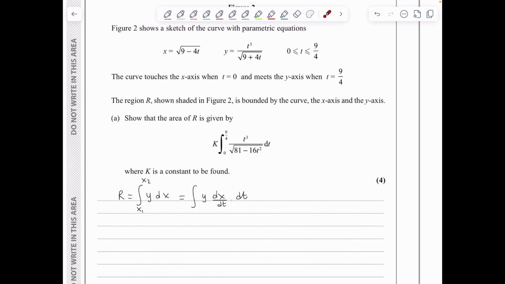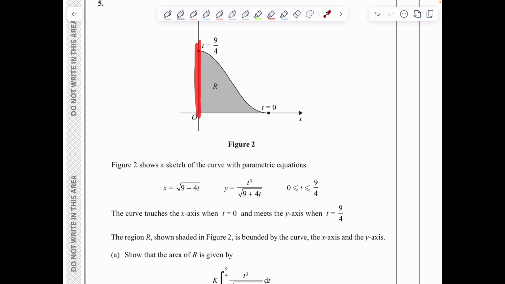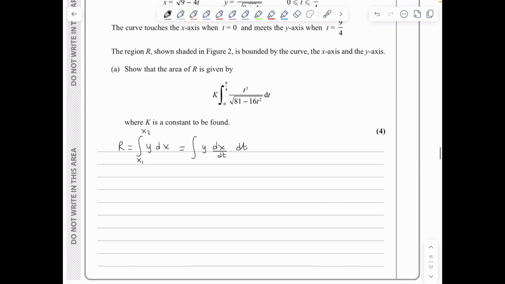Now we can see that at the beginning, when x is 0, t is 9/4, and at the end, t is 0. This means that the lower limit will be t is equal to 9/4, and the upper limit will be t is equal to 0. I will proceed in finding dx/dt, and we know that x is (9 minus 4t) raised to the power of a half.